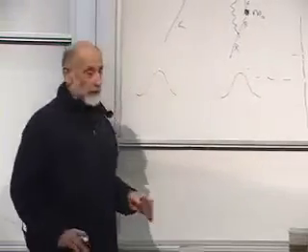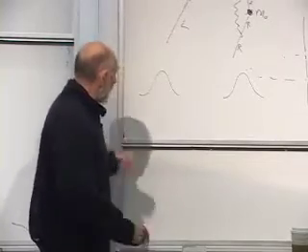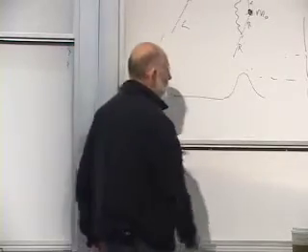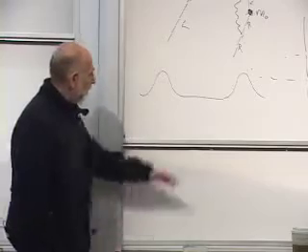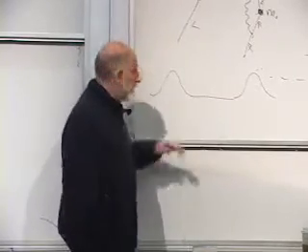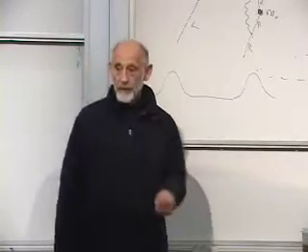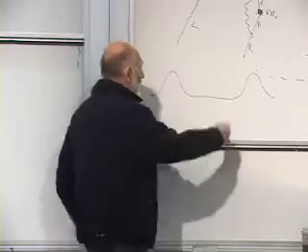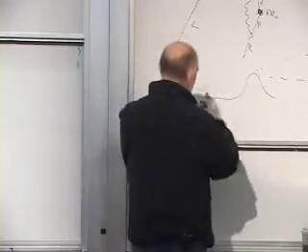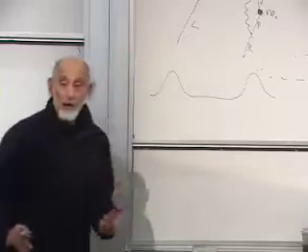Not 2 electrons, an electron, so a wave function which consists of 2 bulges, probability a half for the electron to be over here, probability a half for the electron to be over here.